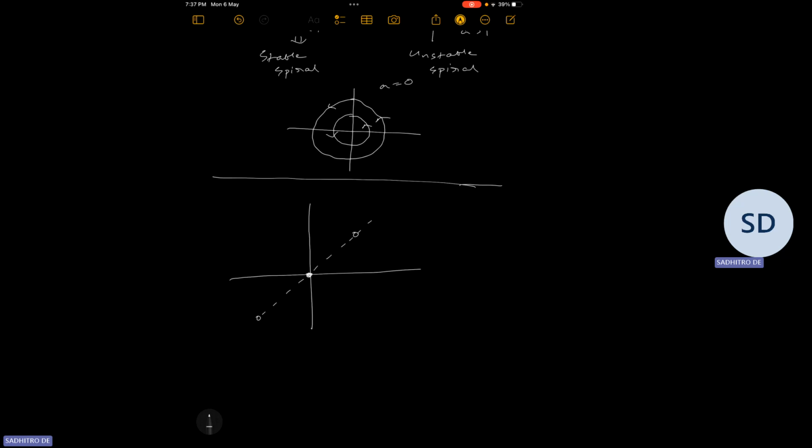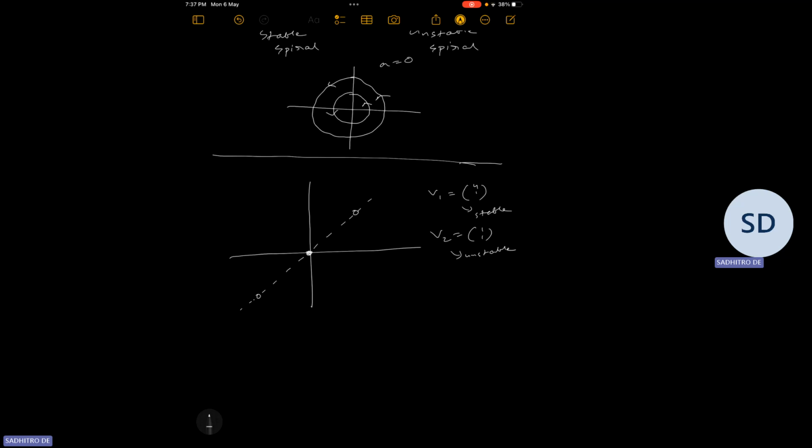And we saw that for both these cases, for the saddle points, the stable eigendirection was this, and the unstable eigendirection was spanned by this vector. So the unstable eigendirection is basically spanned by the line x equal to y.